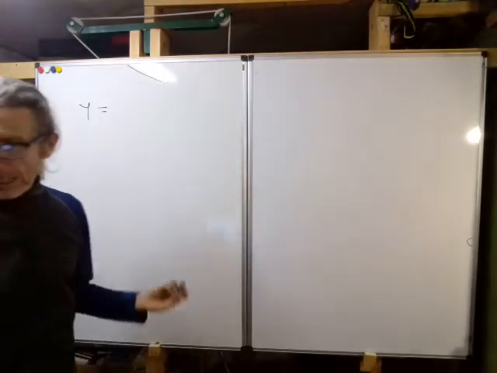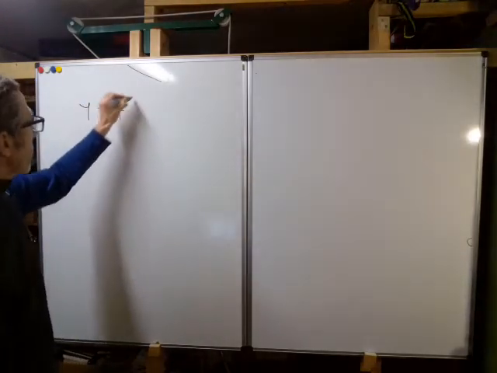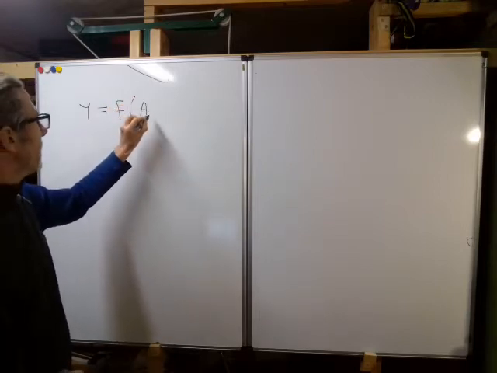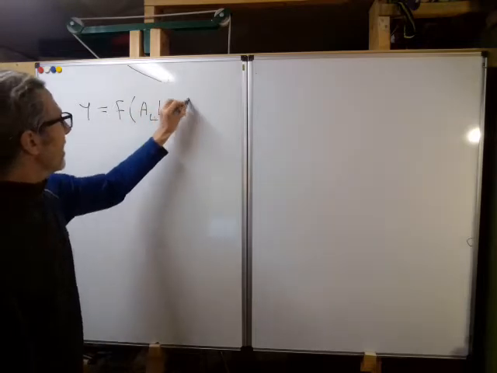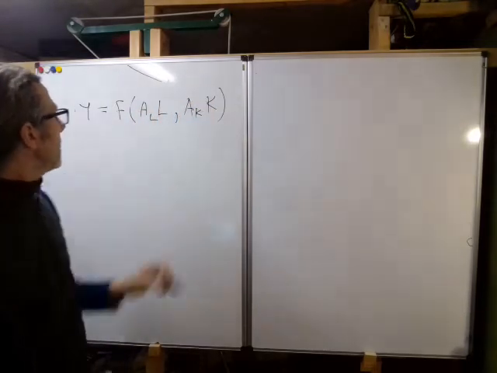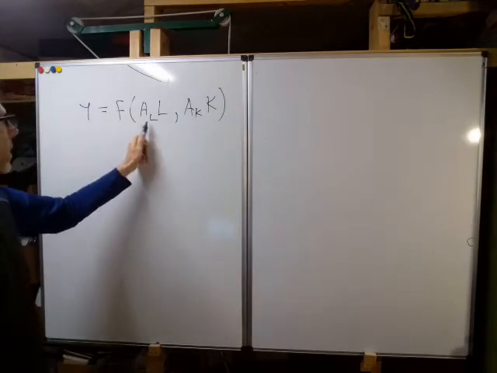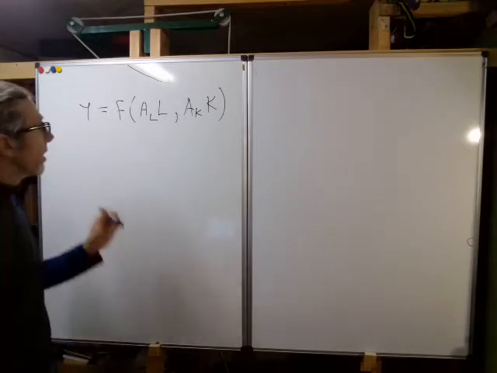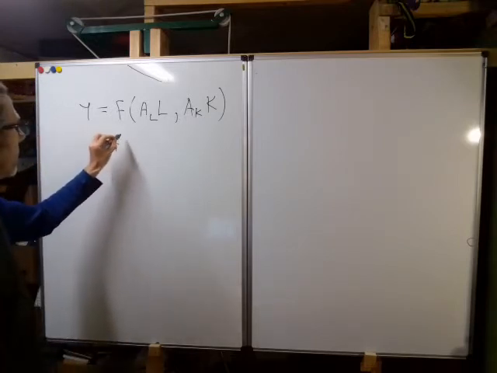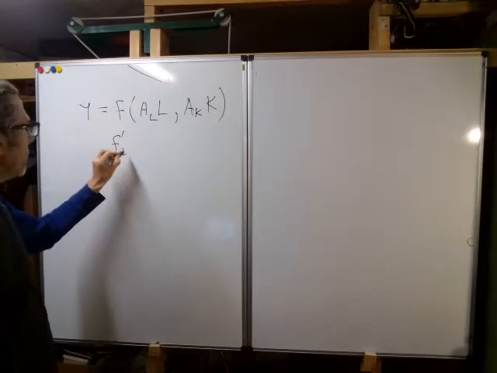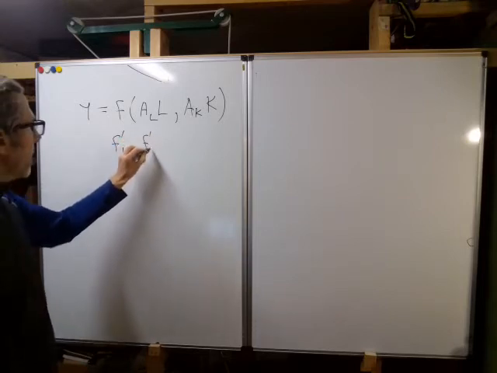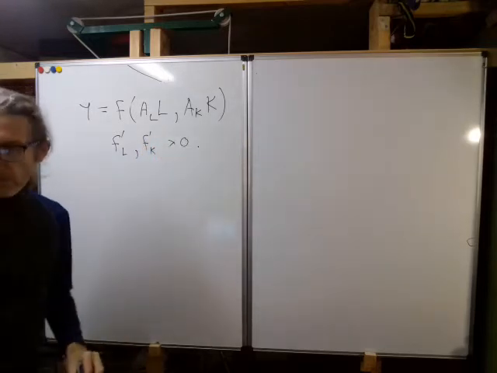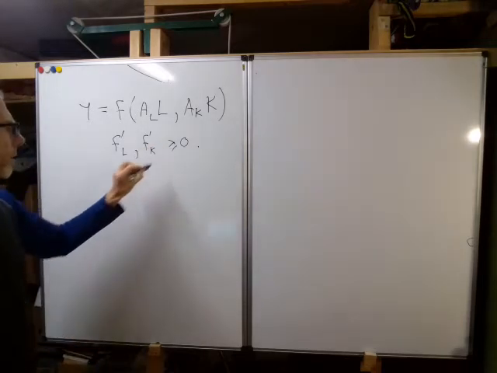Y equals F of A_L L, A_K K. Okay, so Y is some function of labour and labour productivity and capital and capital productivity. And the first derivatives, F prime L and F prime K, are greater than 0, or greater than or equal to.